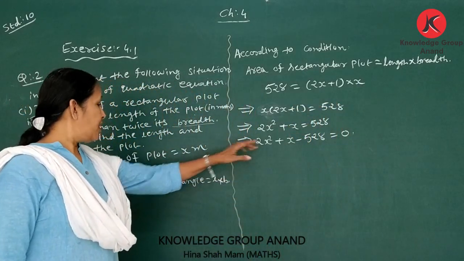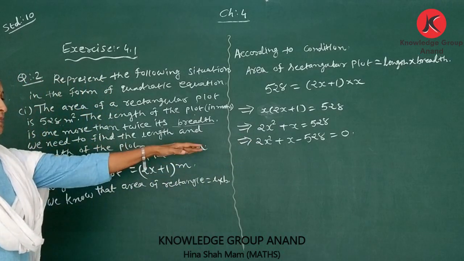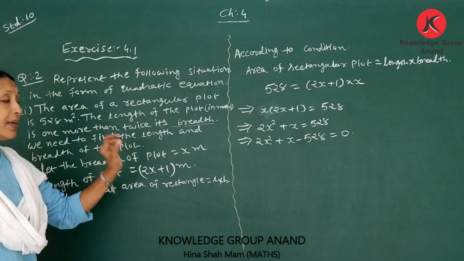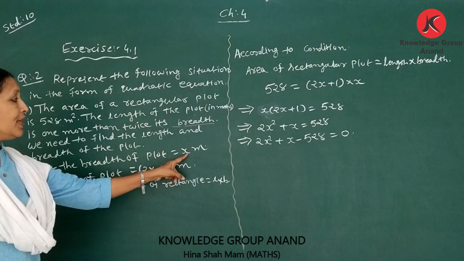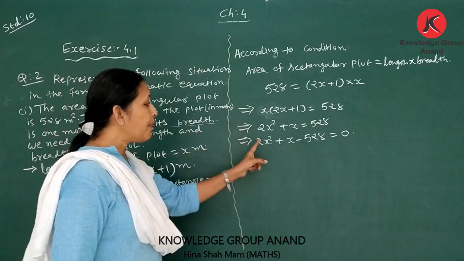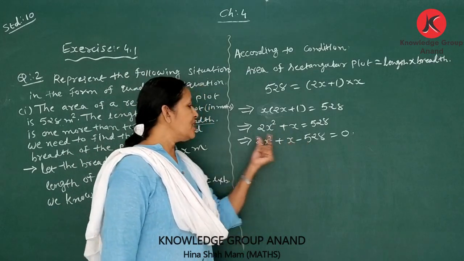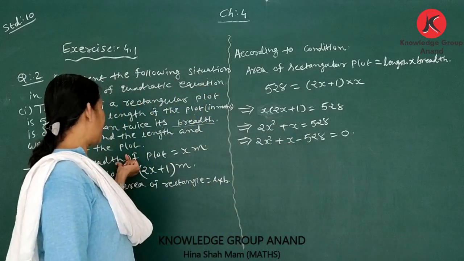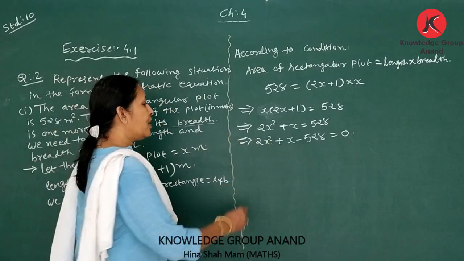Here, what satisfies this quadratic equation? It is in the form of a quadratic equation. But does length or breadth satisfy it? We assumed that breadth is equal to x. If we solve this equation, we get the value of x, and x is the value of breadth. Therefore, breadth satisfies this quadratic equation.